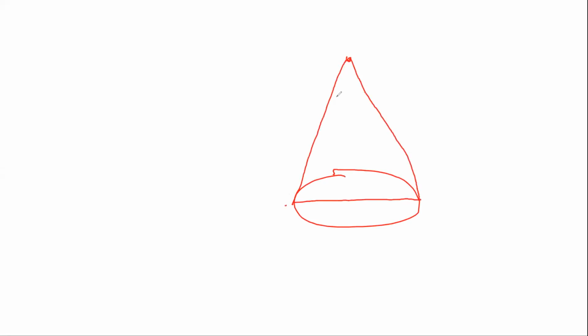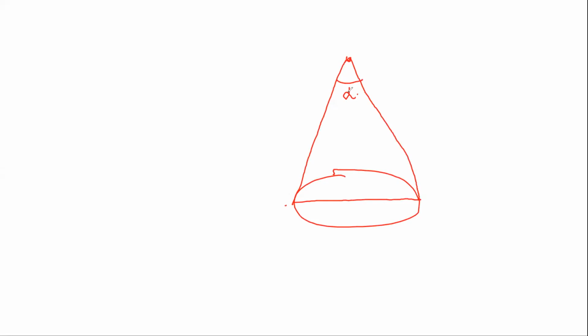If we have made the observation, suppose this is Earth. You have made an observation of this particular planet from both diametric ends. Then there is an angle here, right?